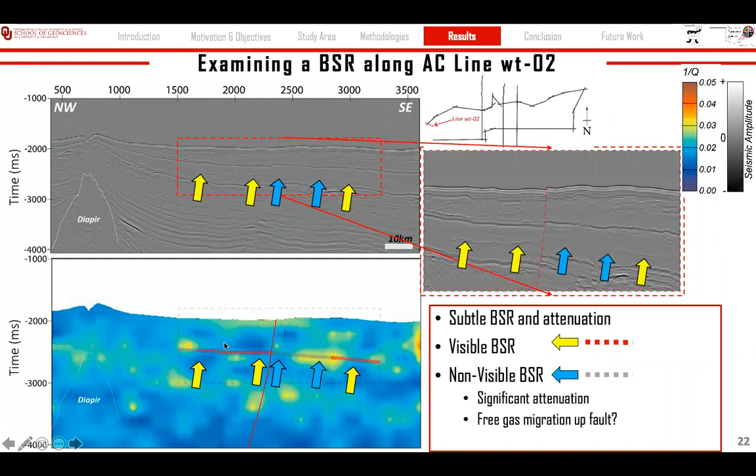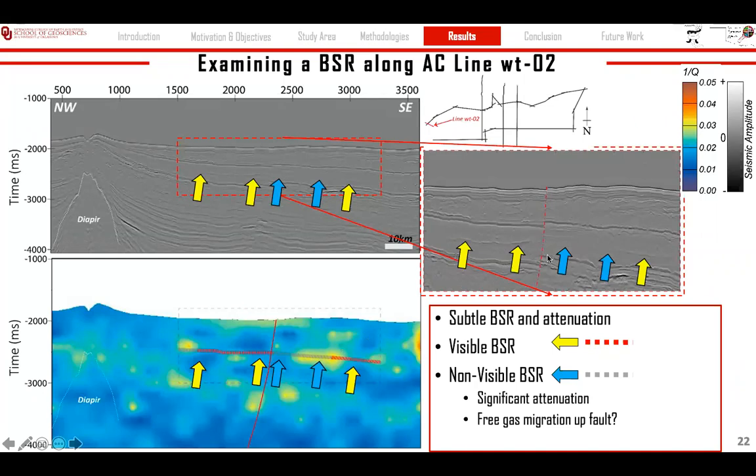However, in the attenuation response, we observe no significant attenuation along this line. As we continue to the right of this interpreted fault, where we observe the low or non-visible BSR response, we can see a significant high attenuation response that encompasses this non-visible BSR.